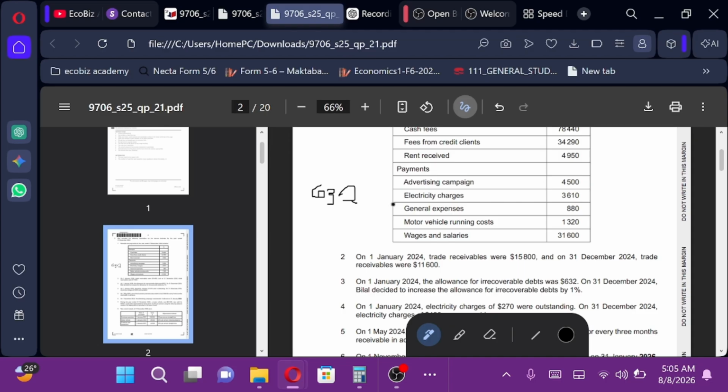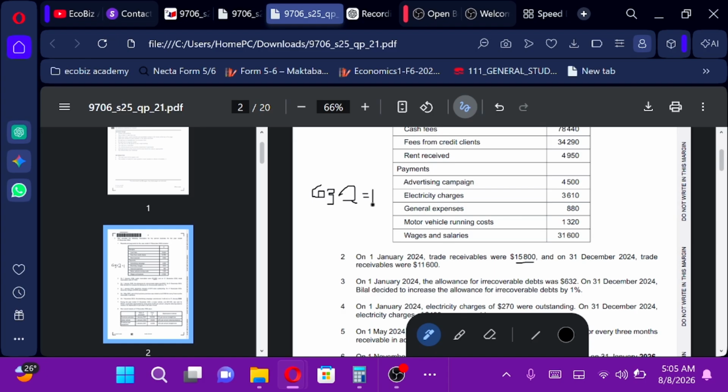And then we equal it to which amount? To basically equal it to 15,800, because it says here 15,800. This is our trade receivables for the beginning of the year.